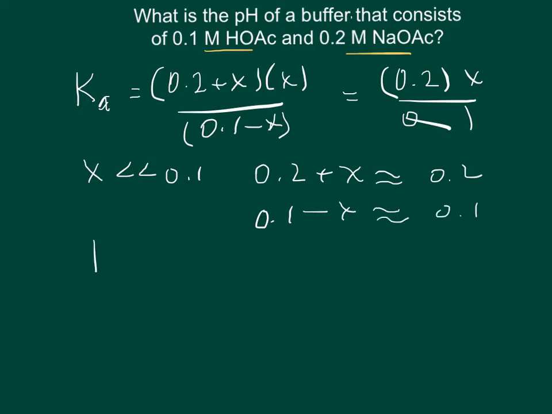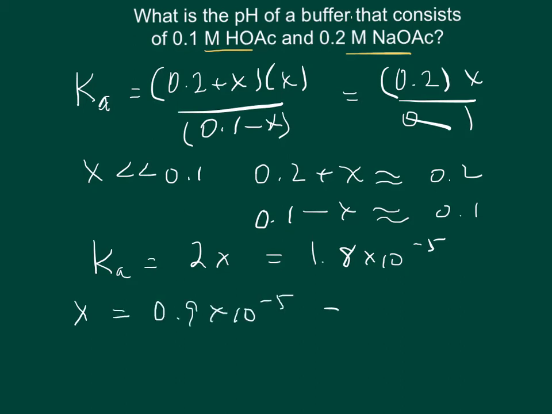And so we can say that Ka now equals 2X, which for acetic acid is 1.8 times 10 to the minus fifth. In other words, X equals 0.9 times 10 to the minus fifth, and that equals the H3O plus concentration.